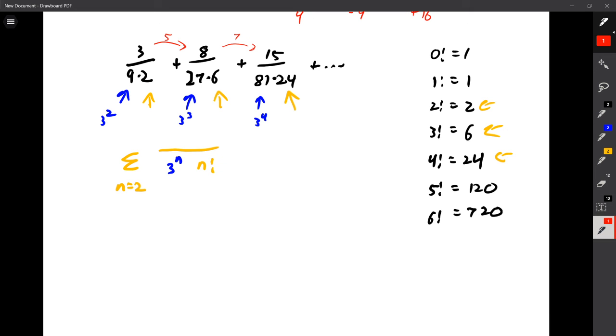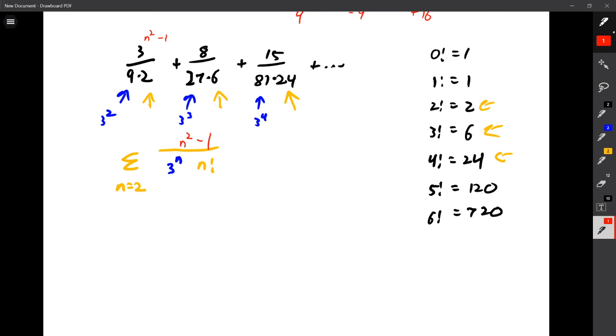I'm not finding that super helpful, but here's what I first noticed, and just keep an eye out for this: numbers that are some set amount above or below perfect squares. So in other words, 3 is 2 squared minus 1. 8 is 3 squared minus 1. 15 is 4 squared minus 1. So I see an n squared minus 1 going on, where again n starts with 2.